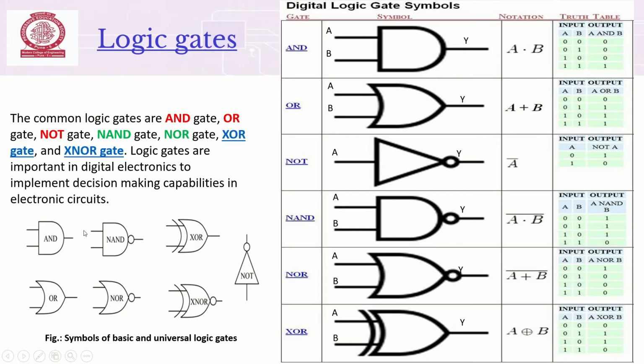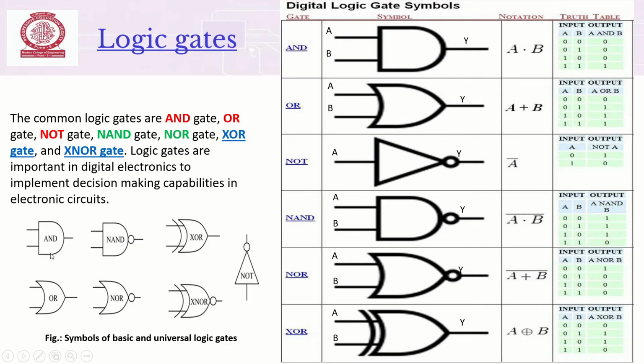Both are opposite to each other. Whatever the output of the AND gate is will be complemented, and that complemented output is called the NAND gate output. This is the AND gate only, but we are inserting a bubble here, that is, we are inverting the output, so it is called a NAND gate.